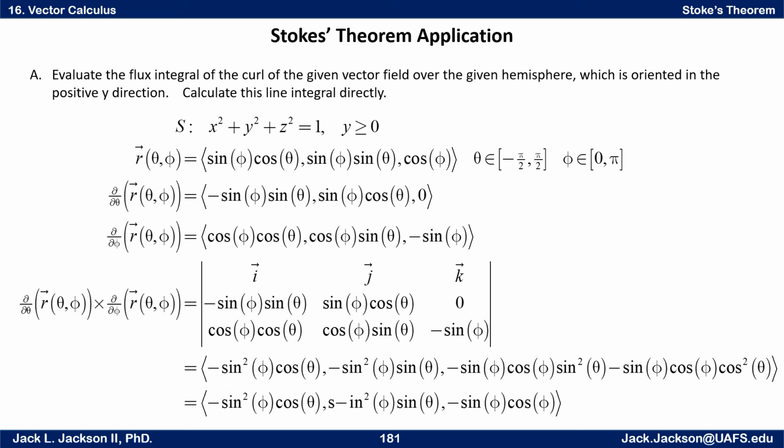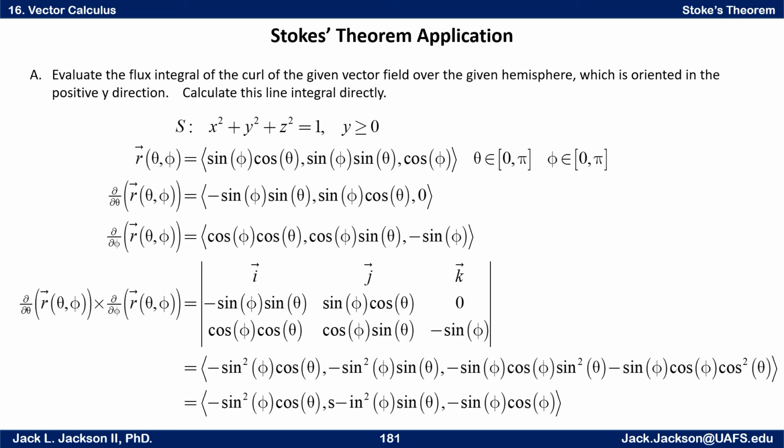Theta going from 0 to pi, that should say. Okay, let's fix that. So theta runs from 0 to pi will give you positive y's, and phi running from 0 to pi will give you the hemisphere.